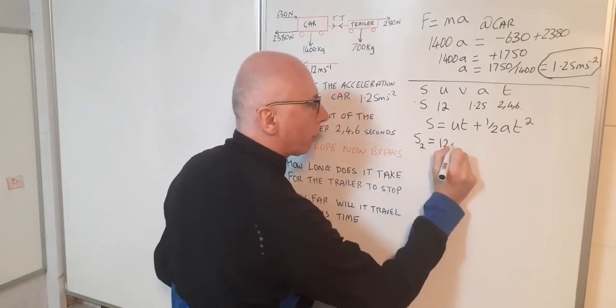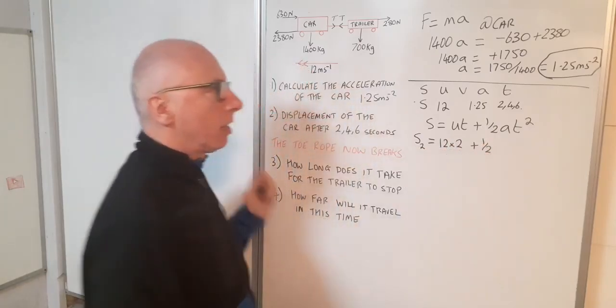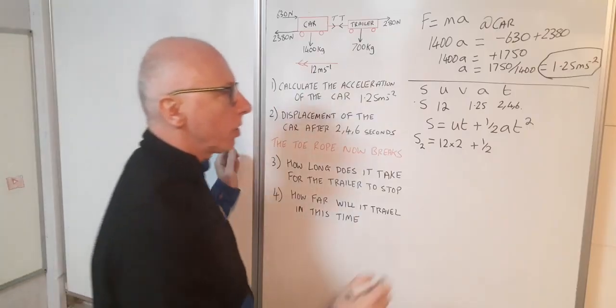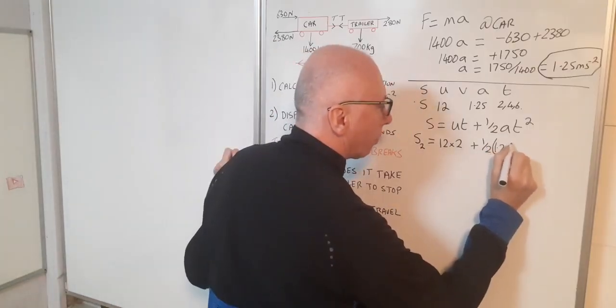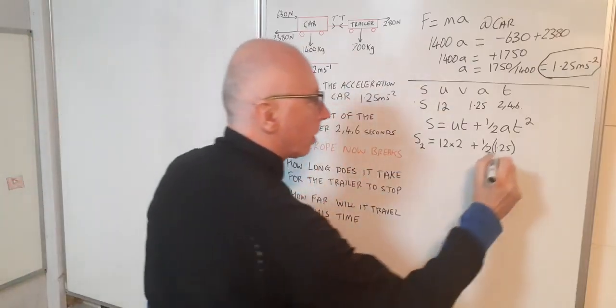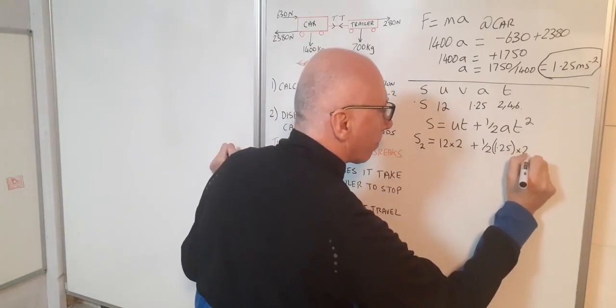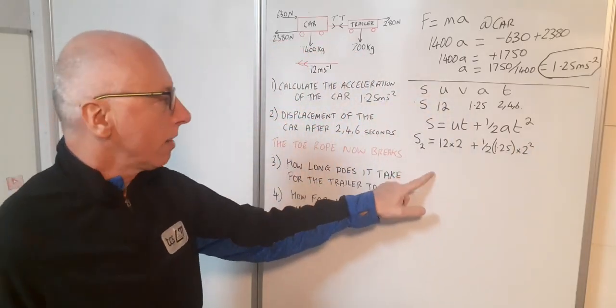So 12 times 2 plus 1/2 times the acceleration, 1.25, and then T squared, as we're looking at 2, times 2 squared. And then I'll do the same, write these out for 4 and 6.